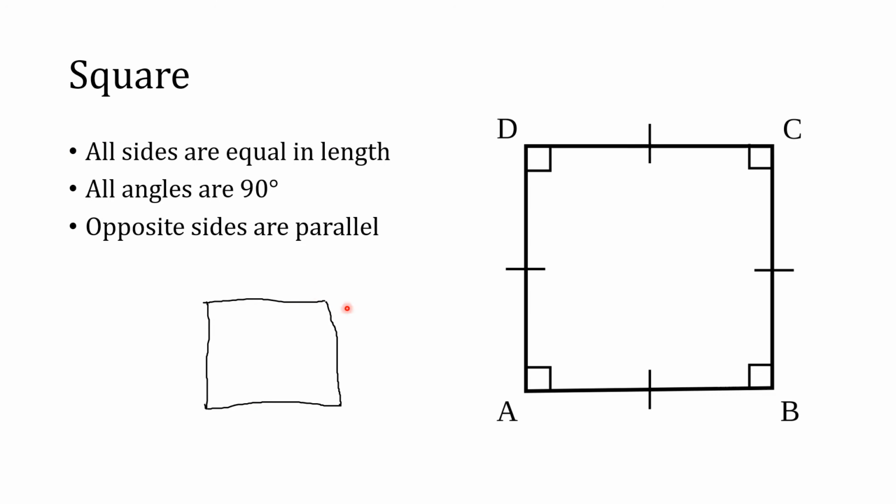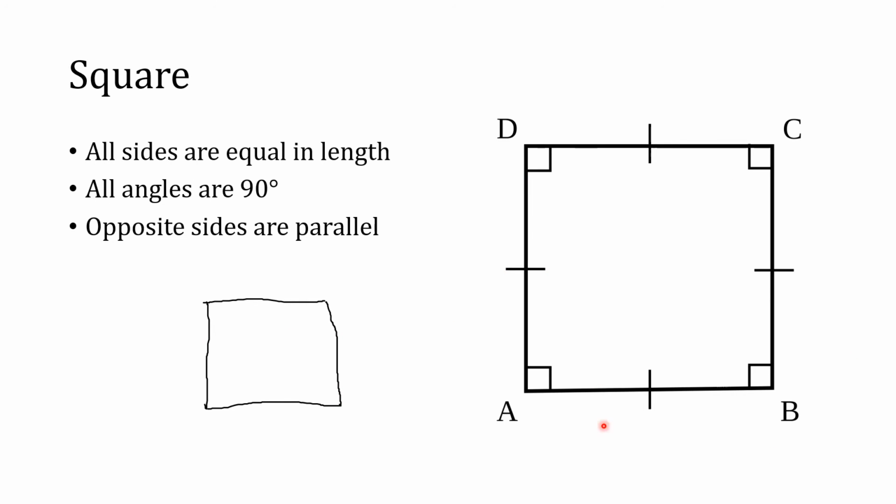So it's not obvious right now that this shape meets all of these criteria. The sides don't look like they're all the same length. The angles certainly don't look like they're all 90 degrees. And we don't know if opposite sides are parallel. By opposite sides, I mean like this side and this side, or this side and this side. That's what the opposite sides bit means.